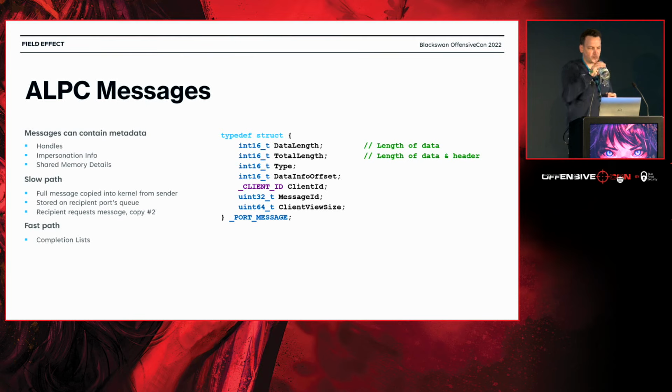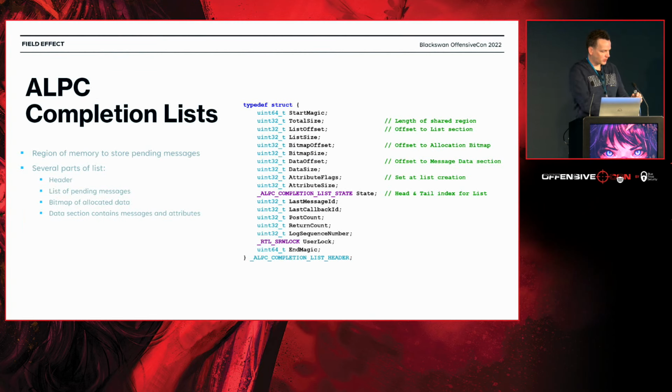So one of the performance improvements is to make that a little faster using completion lists. Completion lists are a region of memory that's created by either end of the port or both. They're optional. And it's a shared region of memory between the kernel and one end of the port.